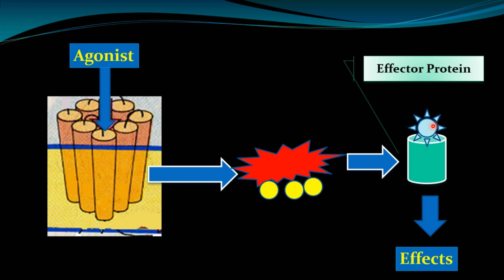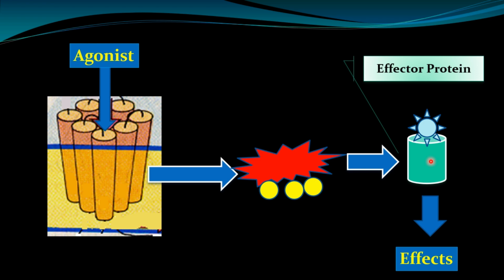And now it is the duty of that cyclic AMP to produce the effects. Another G protein is Gi, that is inhibitory. When it is activated, it inactivates the adenylate cyclase enzyme and decreases the availability of cyclic AMP.